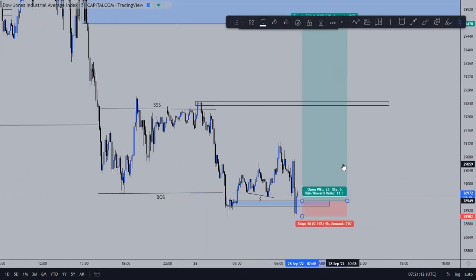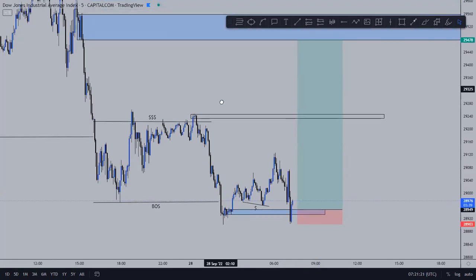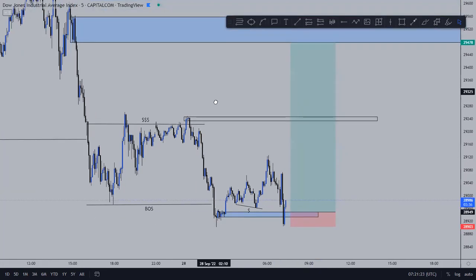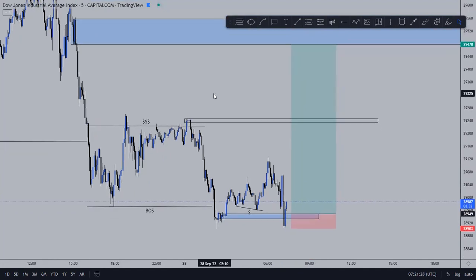So you can actually use the concept of risk compared to reward to make sure that you are profitable.